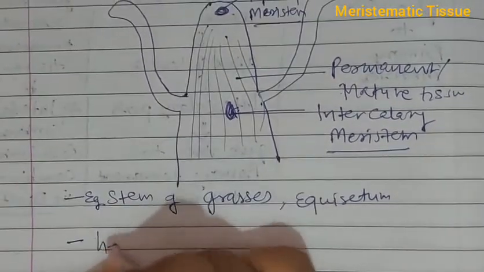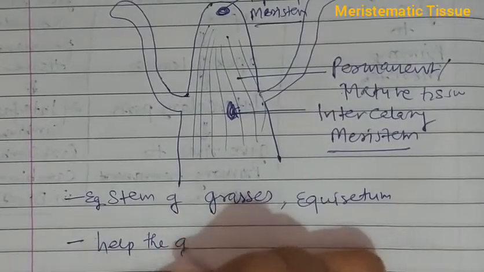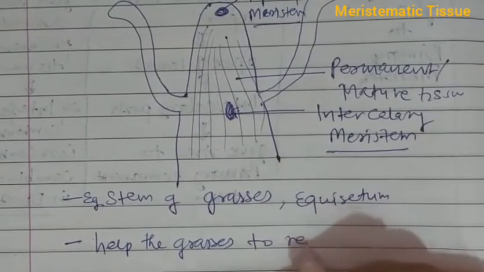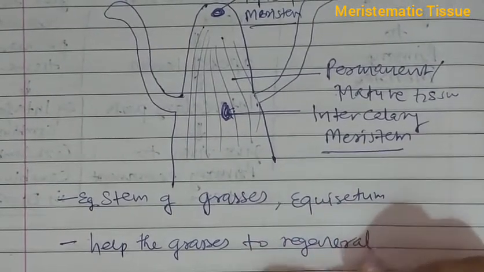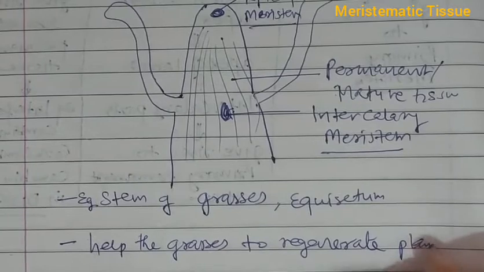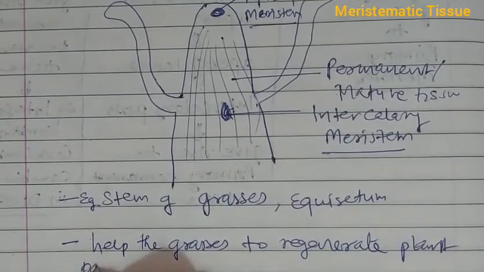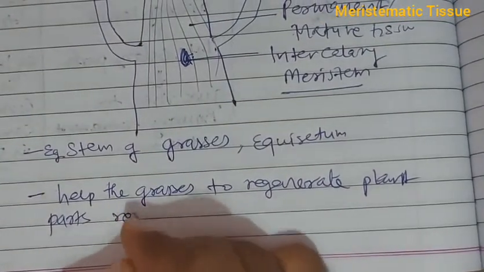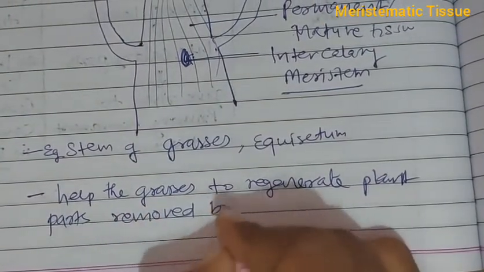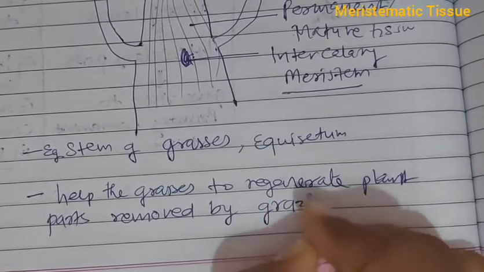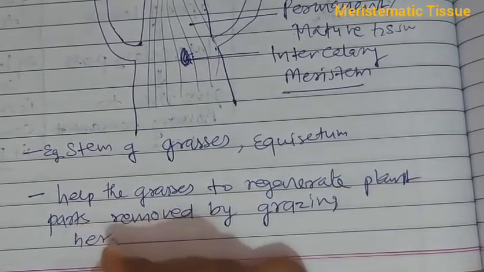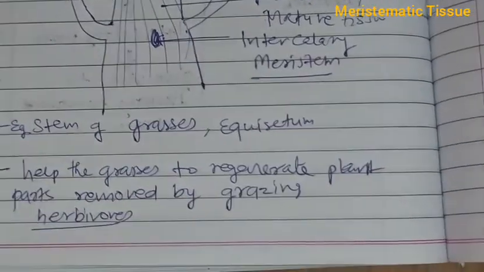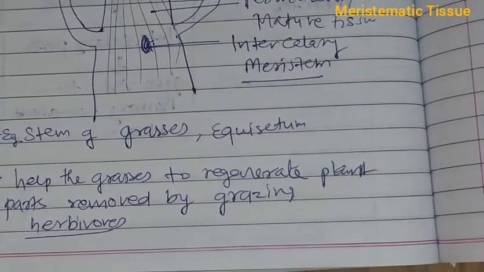So it helps the grasses to regenerate plant parts removed by grazing herbivores. Whatever part the grazing herbivores have eaten can be regenerated by this intercalary meristem.